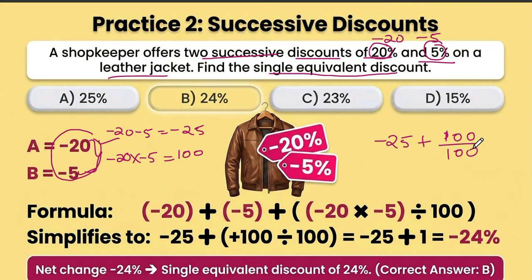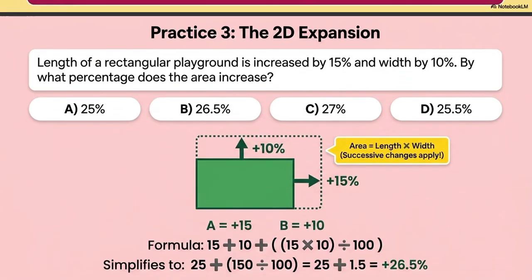So 100 upon 100 is 1. So minus 25 plus 1, which is nothing but minus 24%. According to the formula, this is a plus b plus a multiplied by b upon 100. So we are getting minus 24%, that is the total discount. Look at the next question.